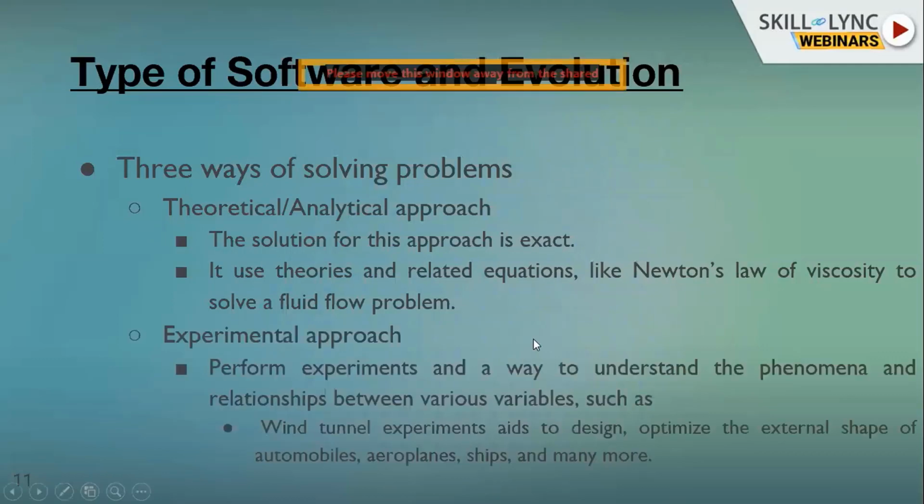Next is the experimental approach. What is the experimental approach? It performs experiments to understand the process and the relation between different parameters.